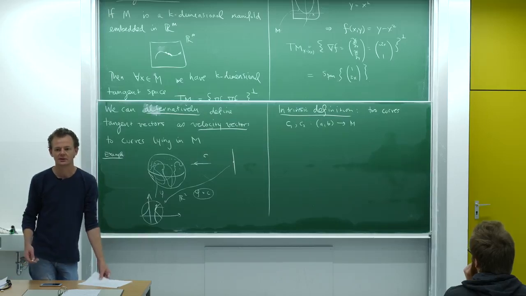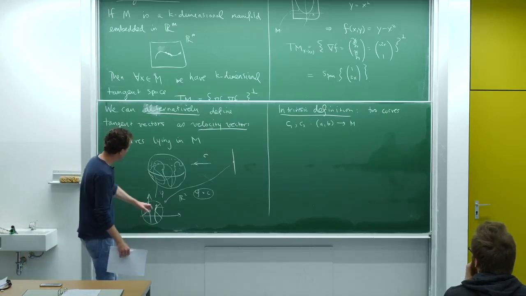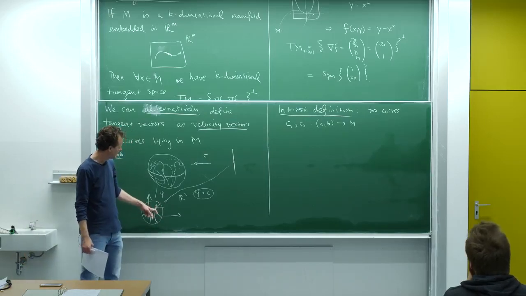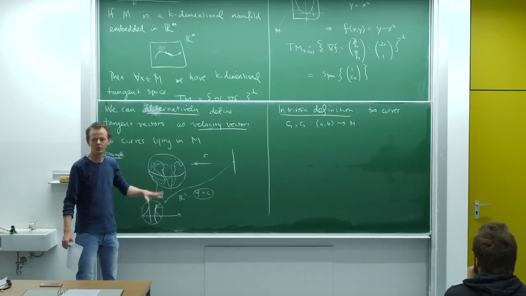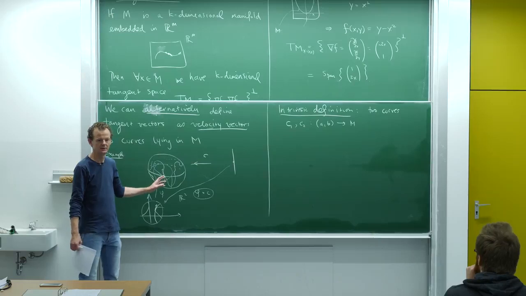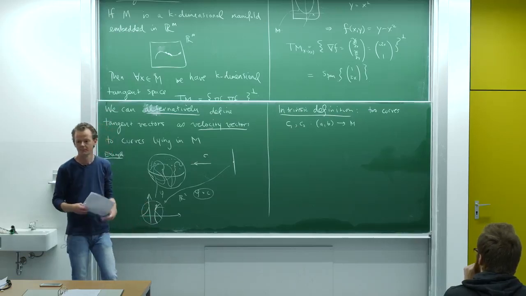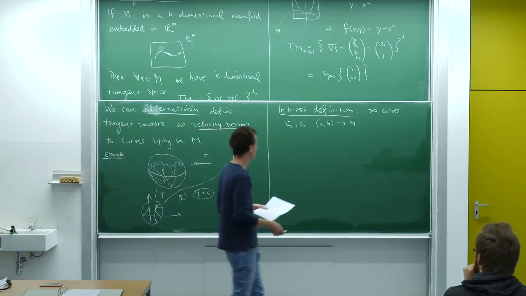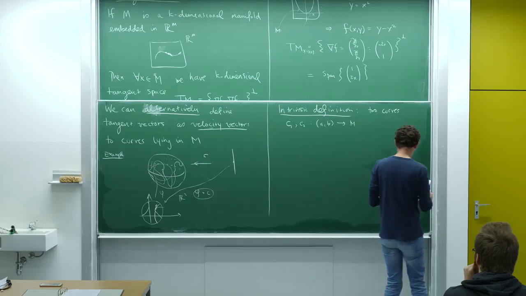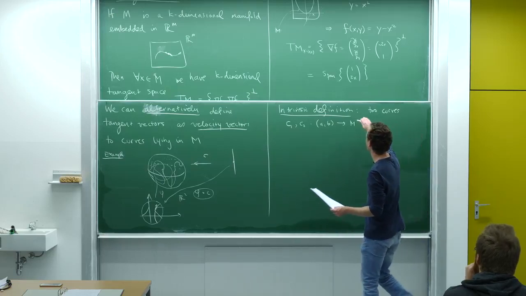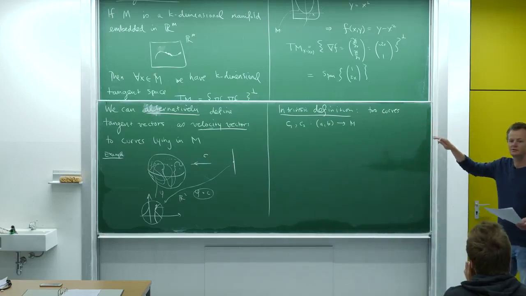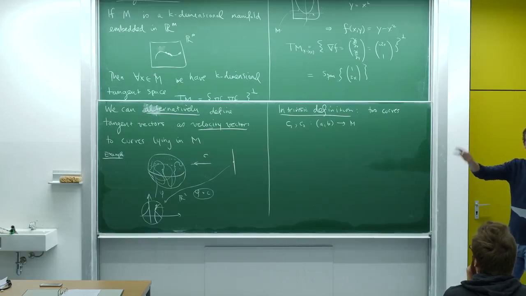And so a tangent vector is really not defined by just one curve, but by an equivalence class of curves. It's that thing that's common to all curves with the same velocity vector and same point x. So in our second definition, we're going to set up our tangent vectors to be equivalence classes of curves.